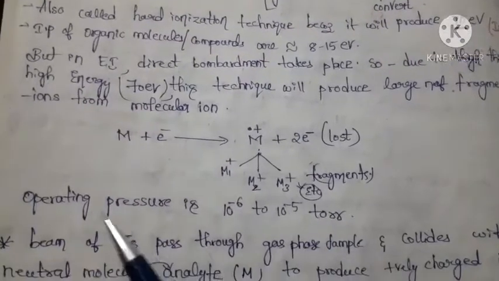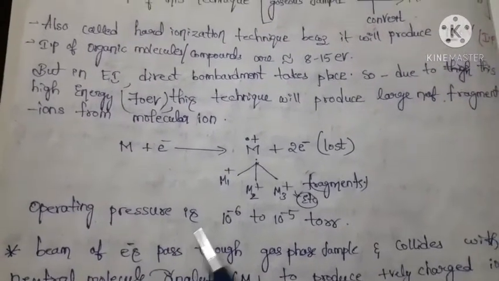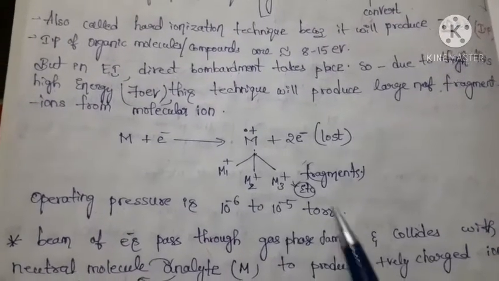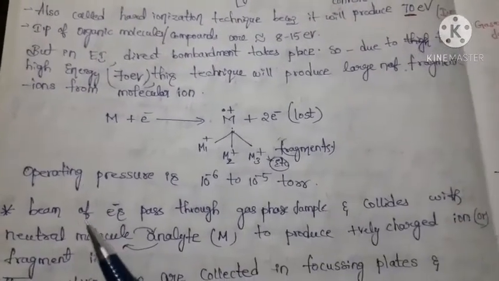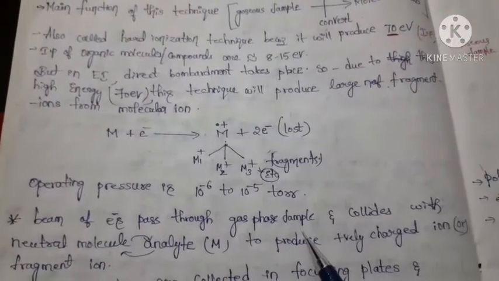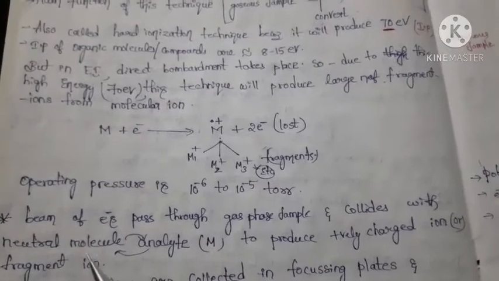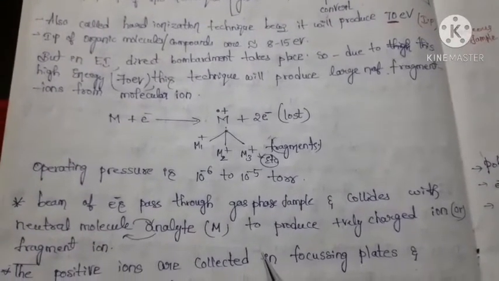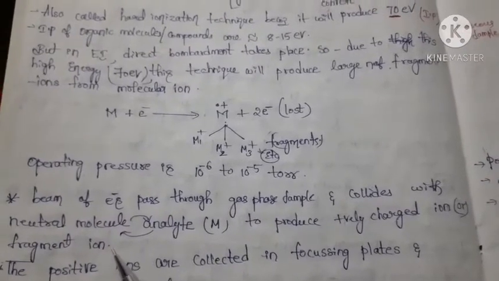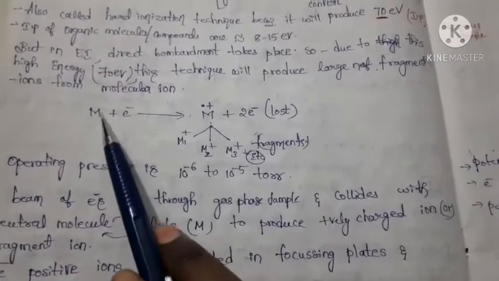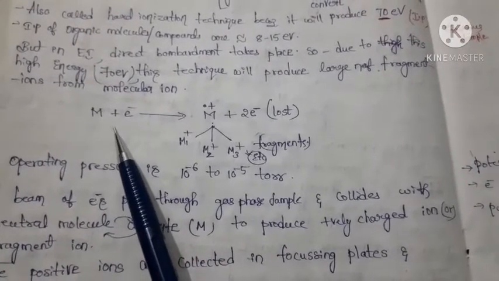Next, the operating pressure is 10 to the power minus 6 to 10 to the power minus 5 torr. The beam of electrons passes through the gas phase sample and collides with the neutral analyte molecule to produce a positively charged ion or fragment ion. Assume this is a sample, and this sample is in the gaseous phase.